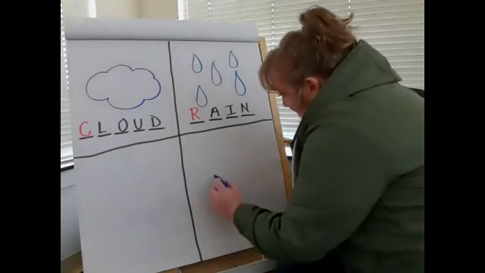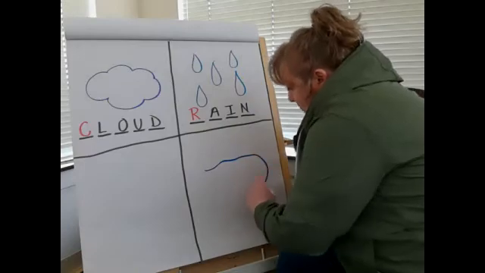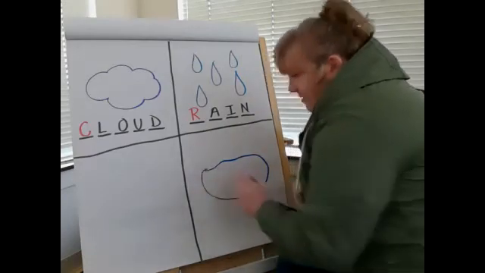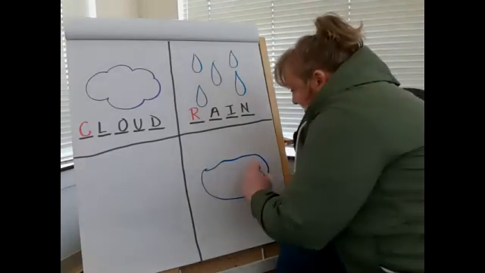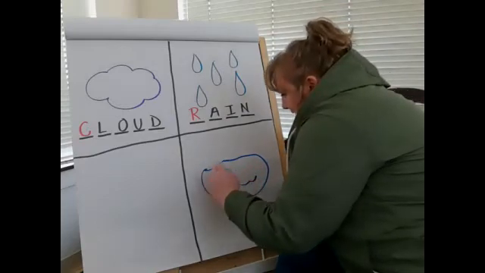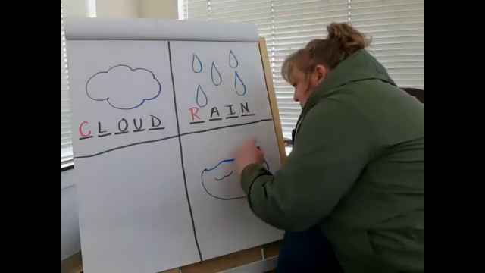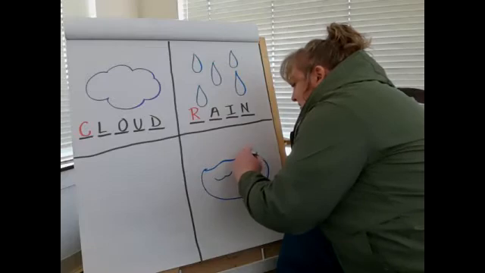So it goes like this. It's kind of a big shape, and maybe there's some lines like this, and there might be some splashes like this.